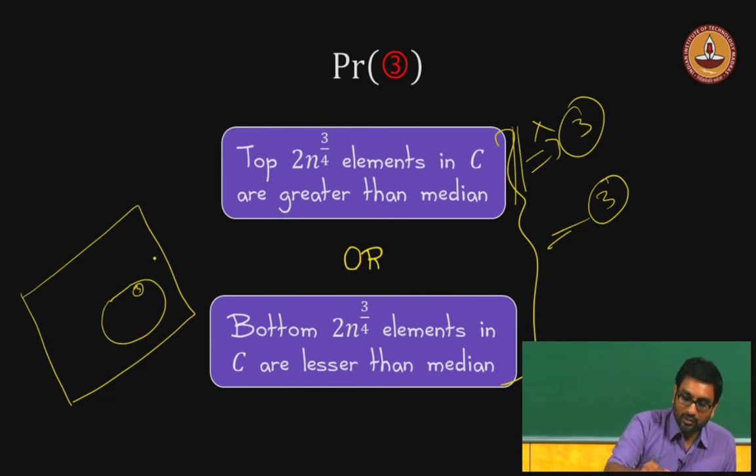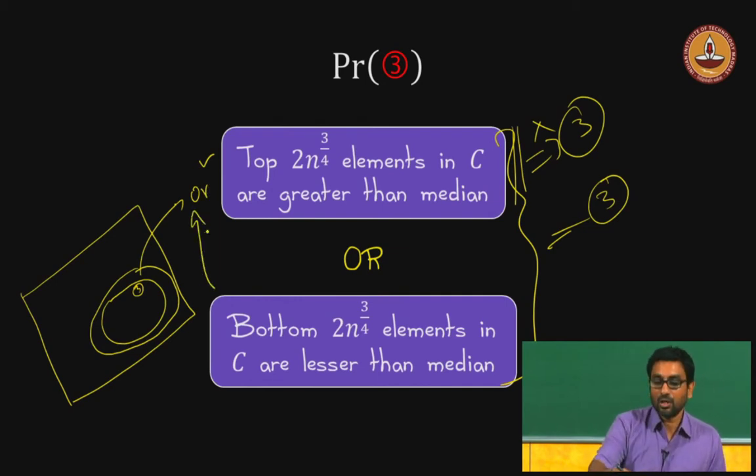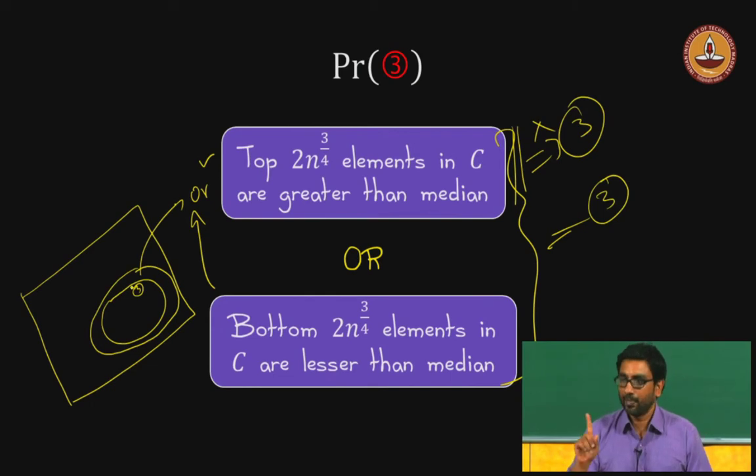So, what we are really doing is we are taking a larger event. This is either this or this. This larger event is the OR of these 2 events, and what we are going to do is bound this larger event. Okay.